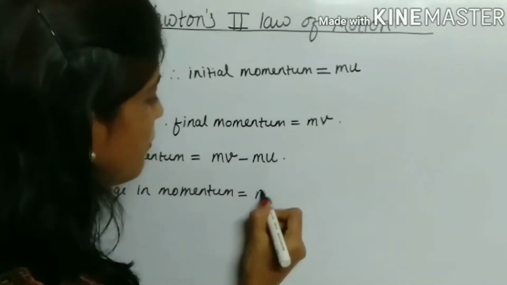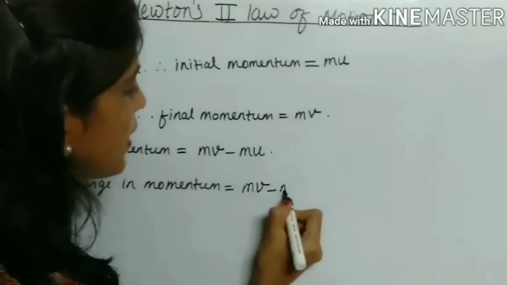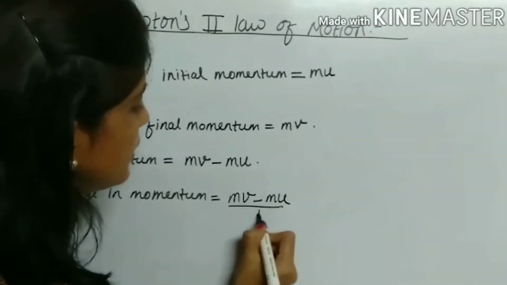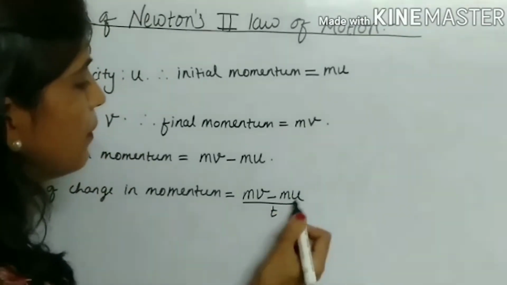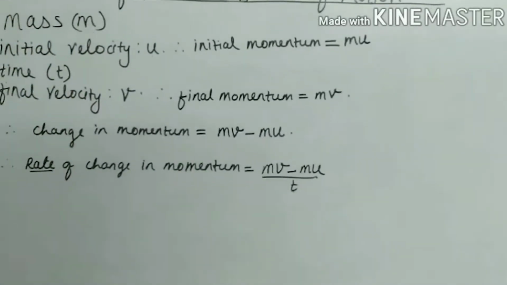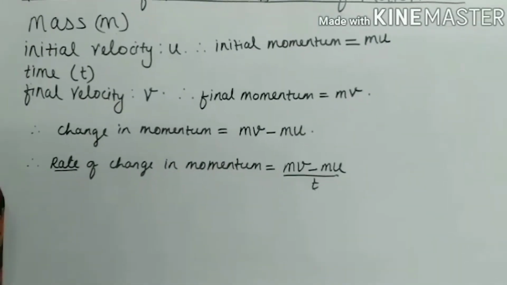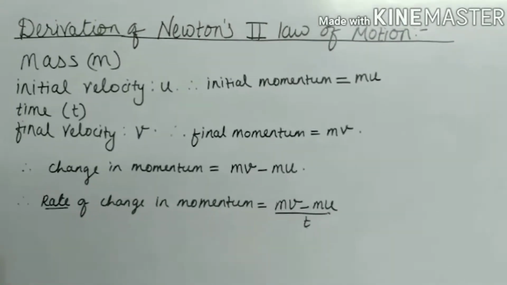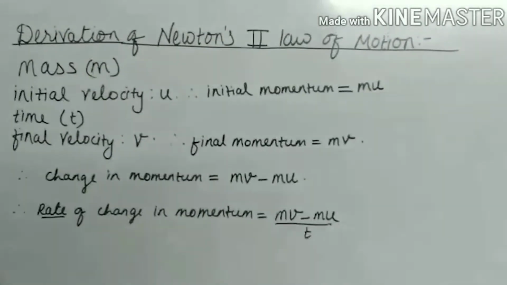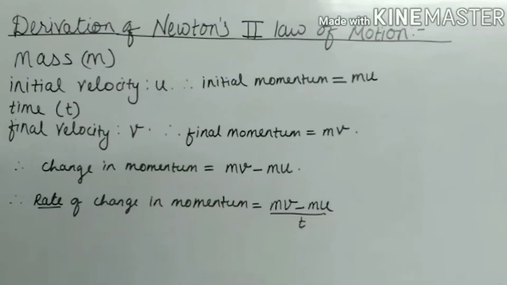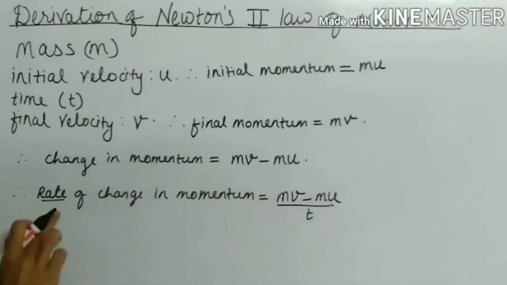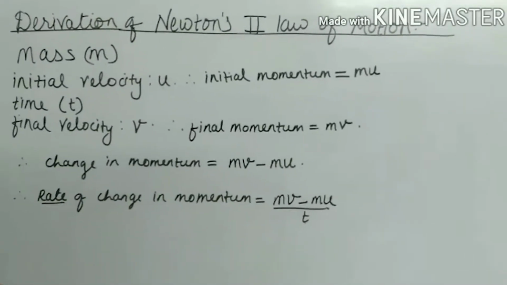So, mv minus mu divided by t, that is change in momentum divided by t, is what is rate of change of momentum. Why have we taken rate of change of momentum? Because Newton's second law of motion states that rate of change of momentum is directly proportional to the force applied. Therefore, we have taken rate of change of momentum.